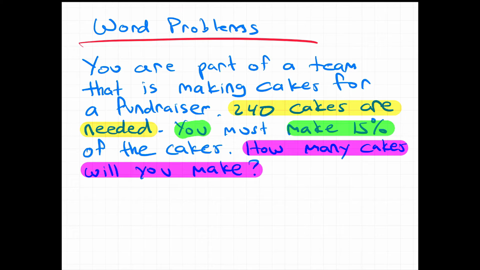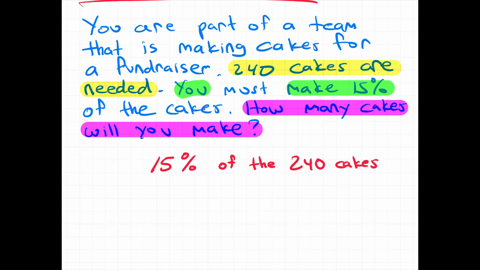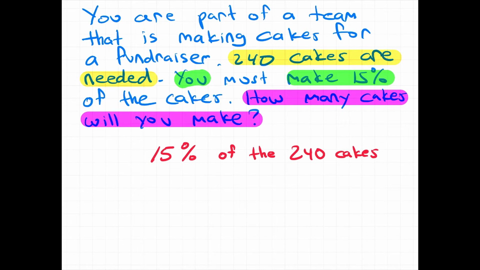Now, on a question like this, you can just rewrite this. I am going to make 15% of the 240 cakes. Now, anytime a number is in the percentage form, it's not a number we can use in our calculations. We need to first take this number and change it into a decimal.